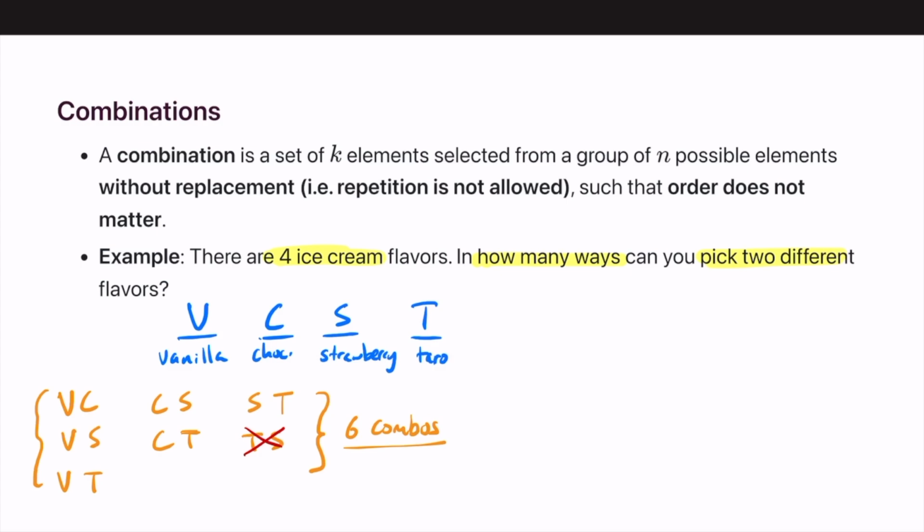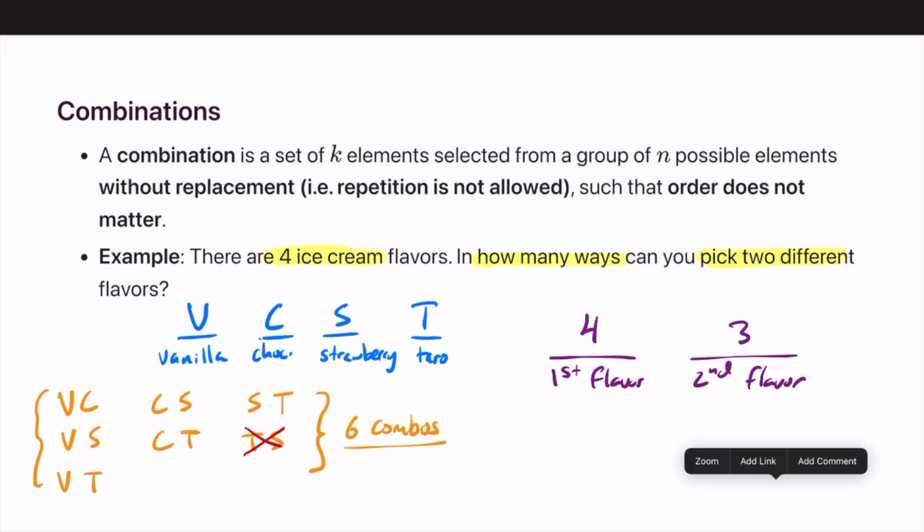But if we thought about this problem typically, where order does matter, we might have 2 flavors, the first flavor and the second flavor. For the first flavor, we have 4 possible options, and for the second flavor, we would have just 3 possible options. And we might say, okay, easy, this is just 4 times 3, which gives us 12.